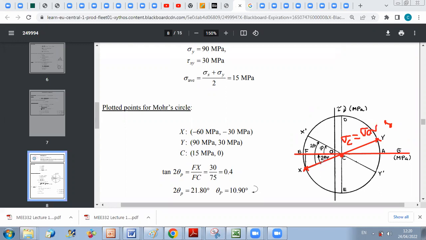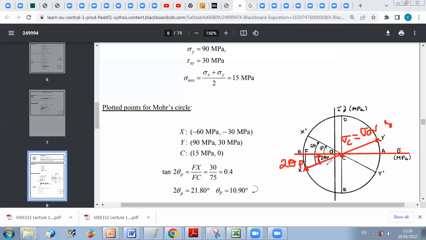We know that this angle of rotation from X towards the axis of sigma is the angle 2 theta p, because the angle which allows us to go from XY orientation to principal axis orientation is 2 theta principal on the Mohr circle, and theta principal on the element.